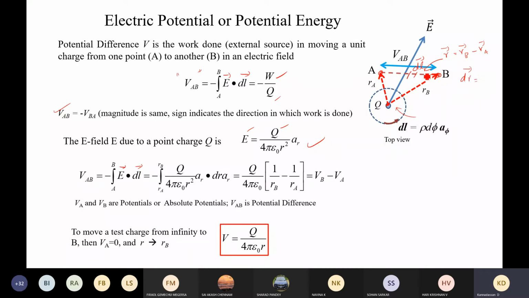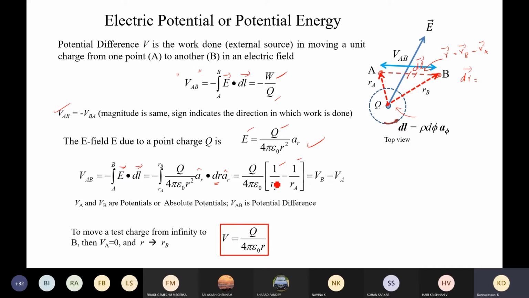This dr vector depends on the x, y, z axes, accordingly it will come into the picture. We take this dr vector and the ar vector, and this is also the ar vector, so both multiplied with each other will result in unit 1. So this dr is nothing but the difference between these two, A to B, and that is what is described over here.